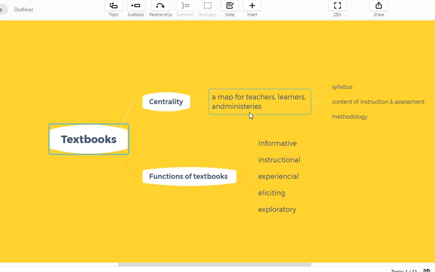It is difficult for learners to find their own practices and exercises. So textbooks are usually teacher friendly and learner friendly. That's why all three groups, policymakers, teachers and students, prefer to use textbooks.